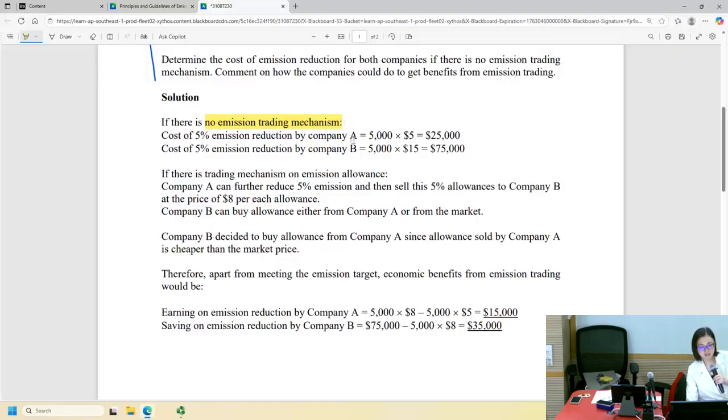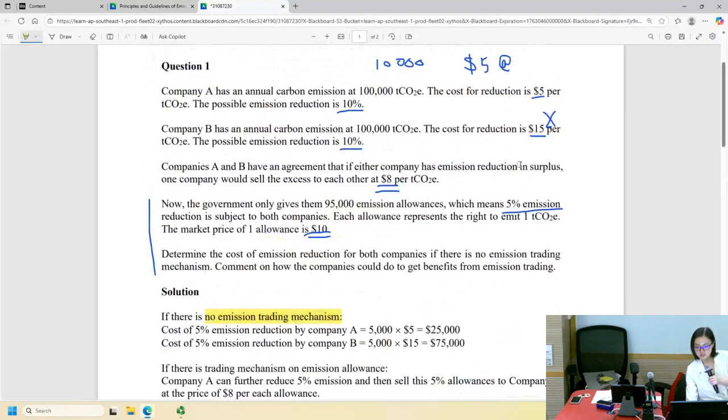So for company A, they need to reduce 5,000, because the government gives you 5% emissions allowance, 95,000 emissions allowance. So it means that company A and company B will need to reduce 5% of their emissions. And for company A, the charge is $5.